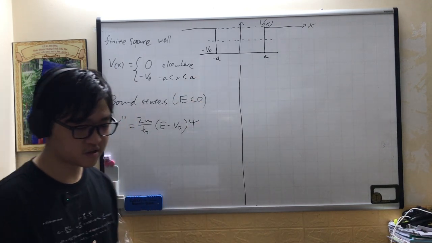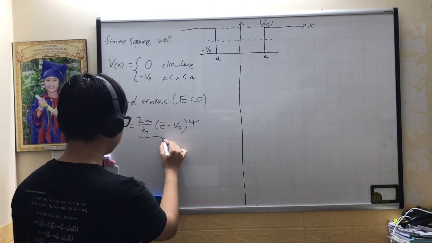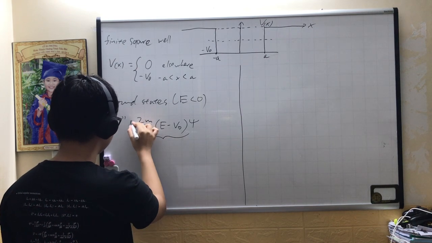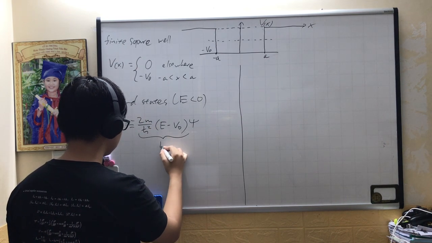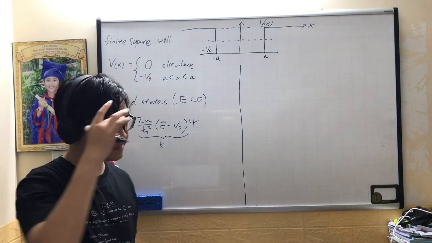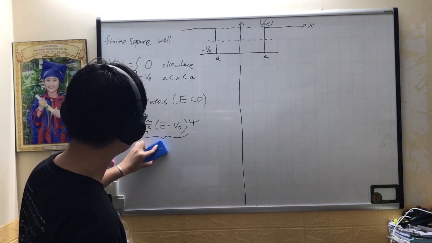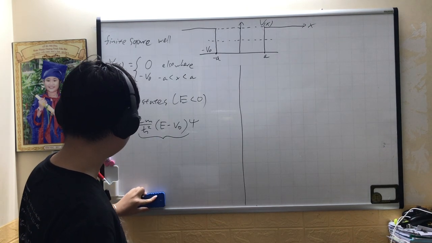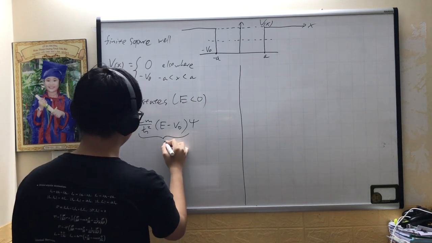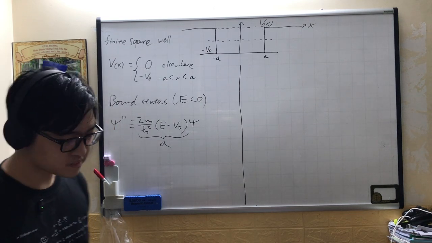There we go. Take this part, squared, as alpha. Yeah, alpha would work. We'll take this as alpha.